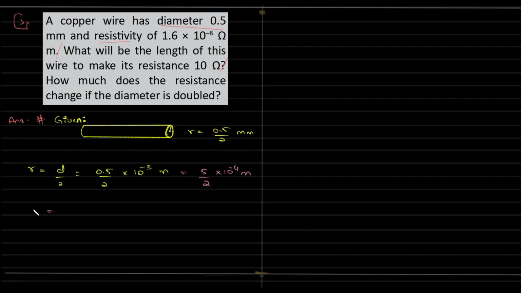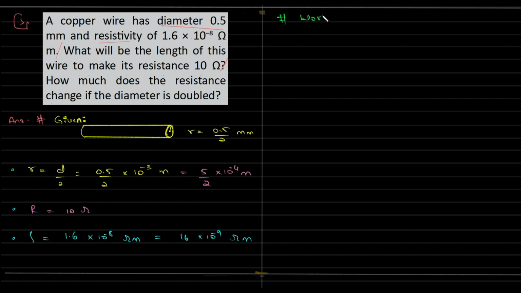Next is your resistance, which is 10 ohm. And then we have the resistivity, 1.6 into 10 to the power of minus 8 ohm meter, which is 16 into 10 to the power of minus 9 ohm meter. Right, so this is your all the things given part.